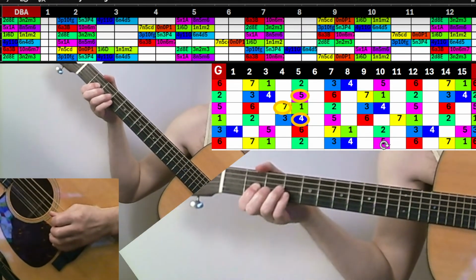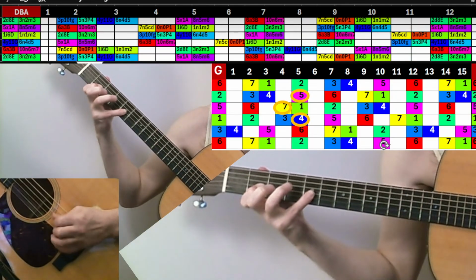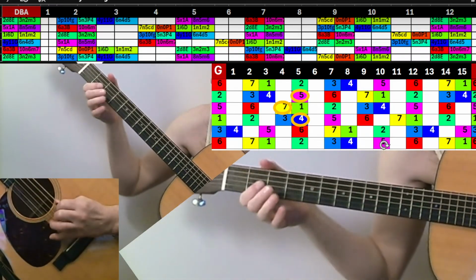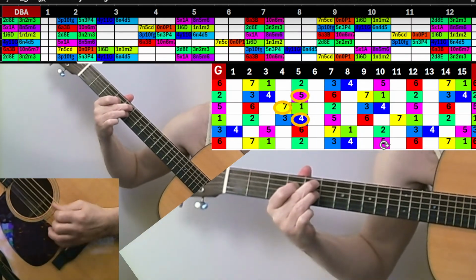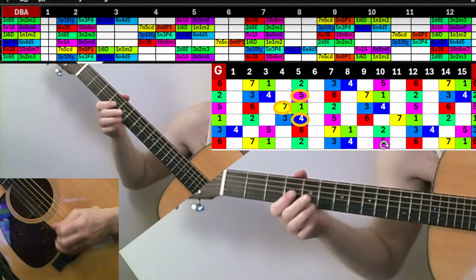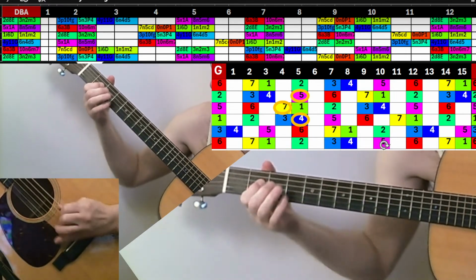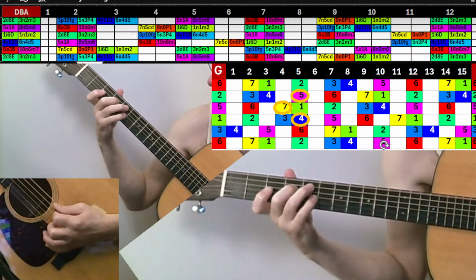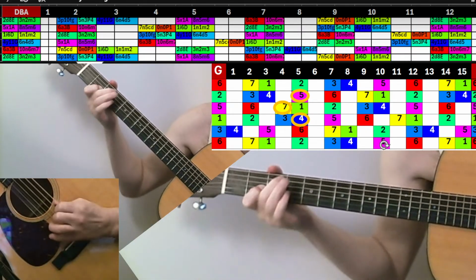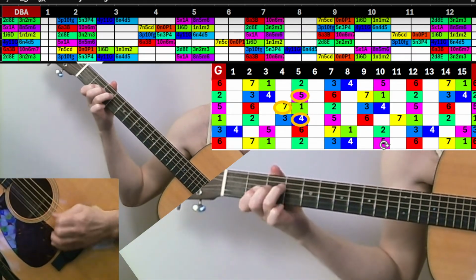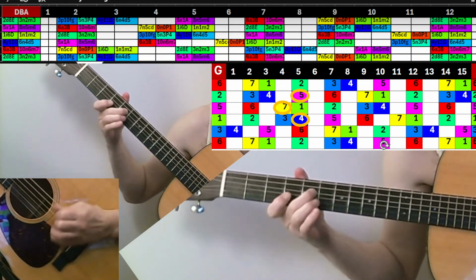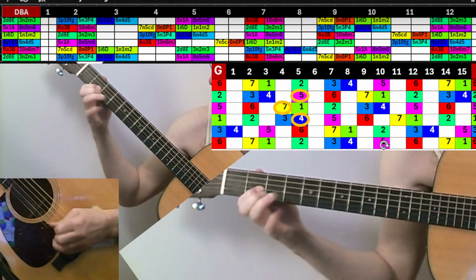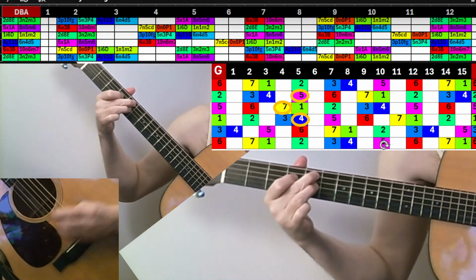And then I'm ringing that open string. That would be position 2.